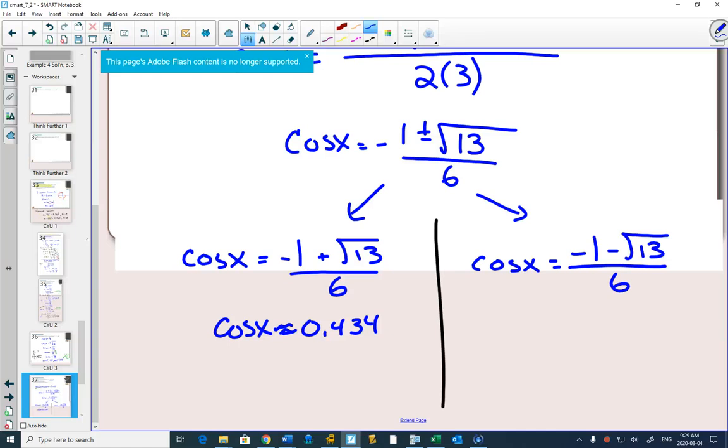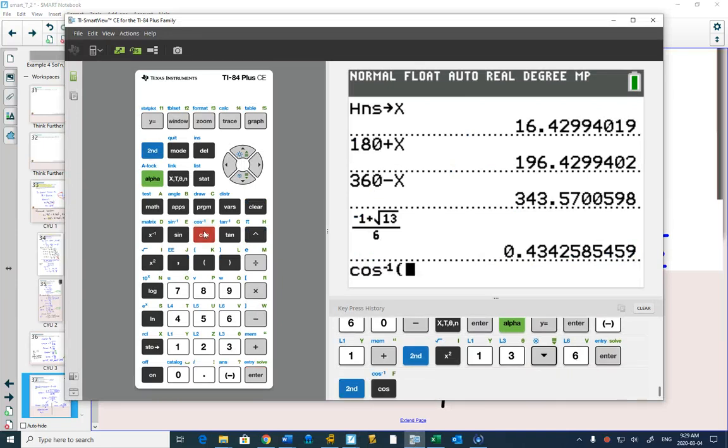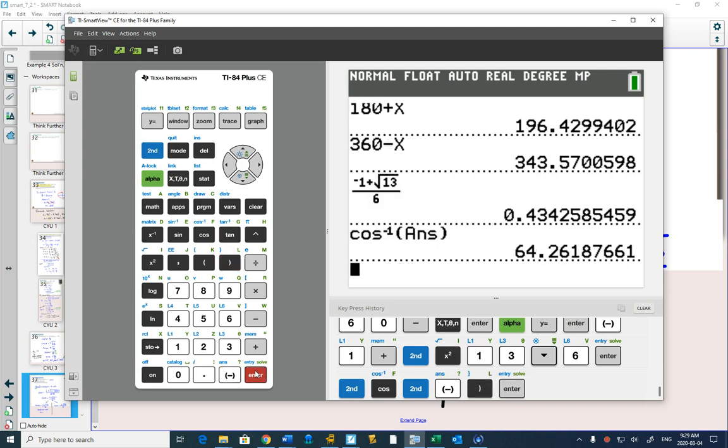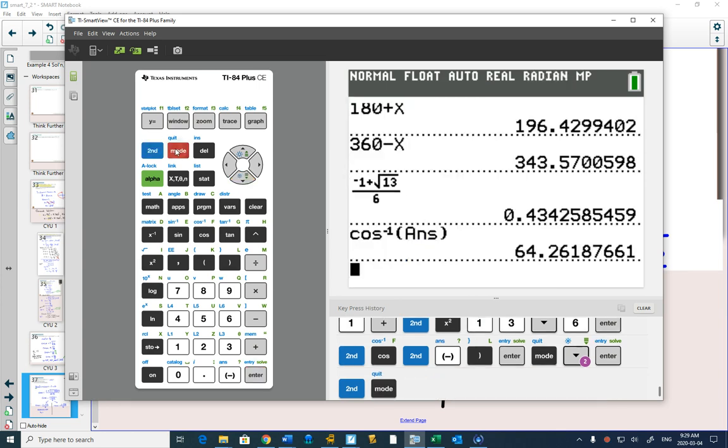Okay, we need to find our reference angle by doing cos inverse of that answer. And since that answer is already positive, we get 64.3 degrees. Are we in degrees in this question? No. So I have to go and change to radians.